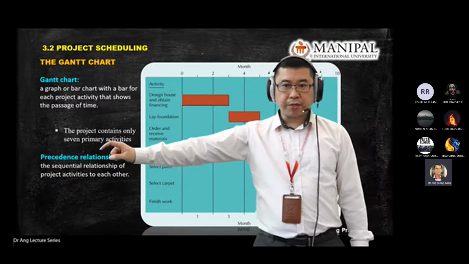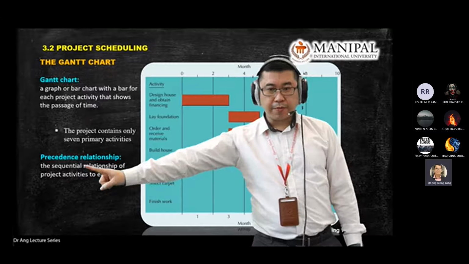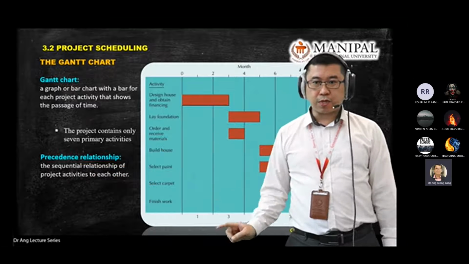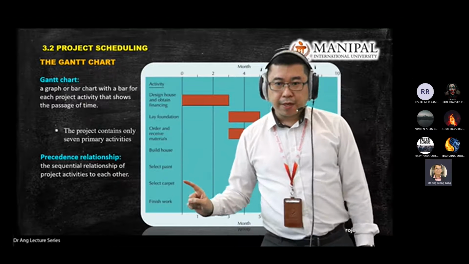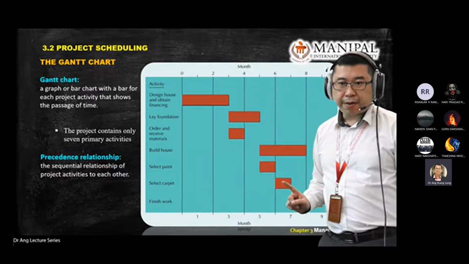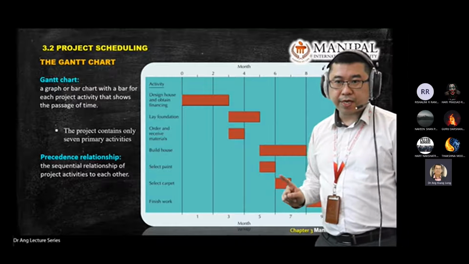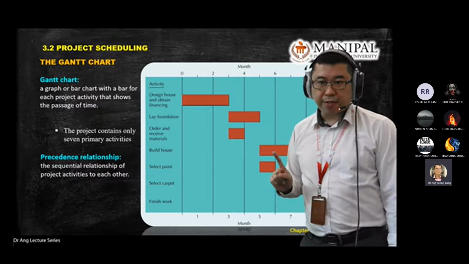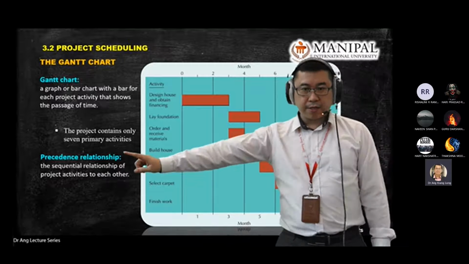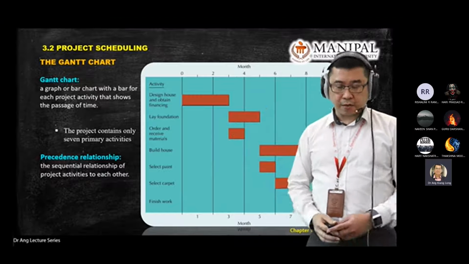So in chapter 2, when you do the precedence diagram, we already mentioned what is precedence. Means you need to follow the sequence. For example, select carpet can only come after you select paint, or can only start after you have started building the house. Okay, so these are the precedence relationships when you do analysis later on.